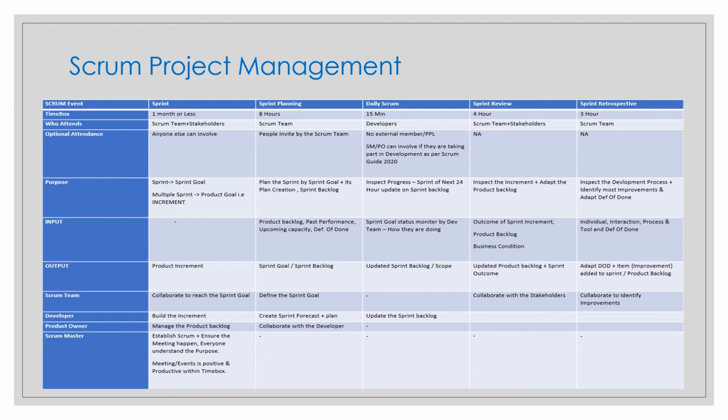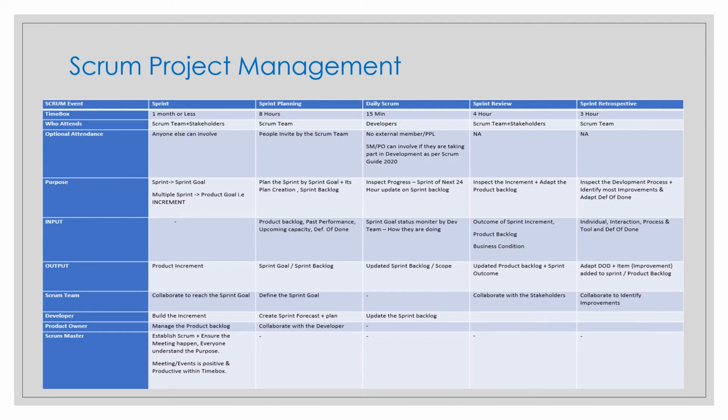We will look at these responsibilities more deeply, especially for the Scrum master, because the Scrum master serves the product owner, establishes Scrum, and also serves the development team. So we will look into that.